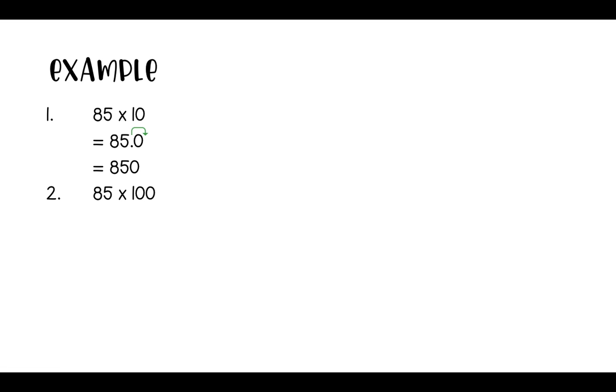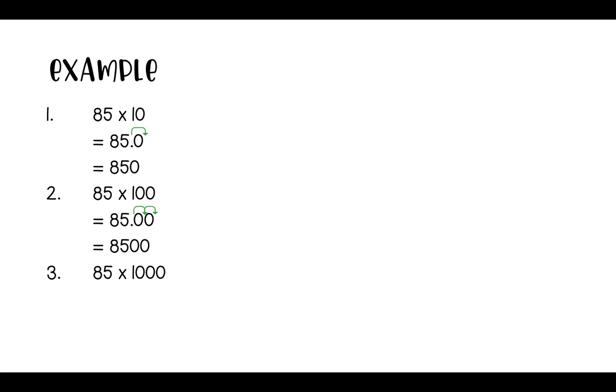The next one, 85 times 100. So again, we identify that decimal point as being after the 85, and we move it 2 places to the right because there's 2 zeros in 100, and our answer is 8,500. Now I want you to pause it, go do 85 times 1,000, then come back.